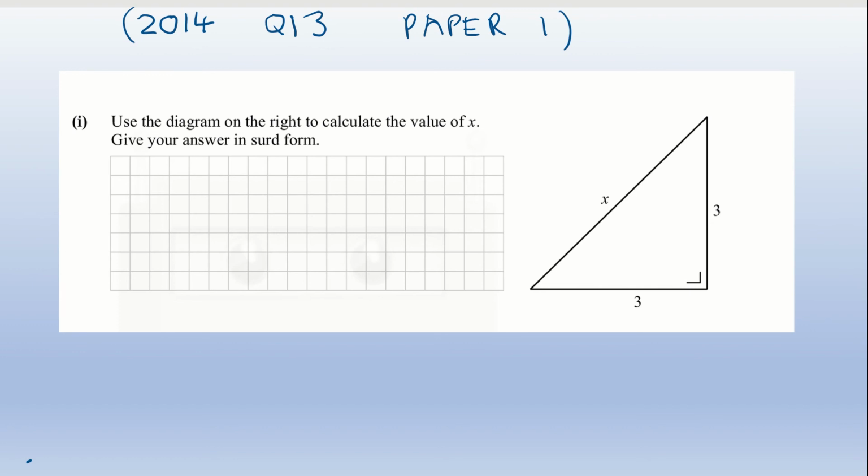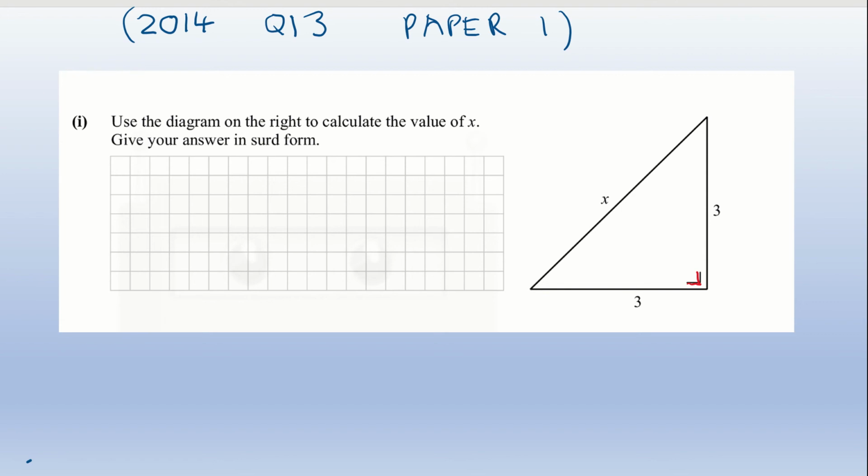They say that in this diagram here, you have to find out what x is. And you might think, well, okay, I'm told that it's right angled. I know in my diagram over there I've done a little square, but a right angle can be identified by a little L shape as well.